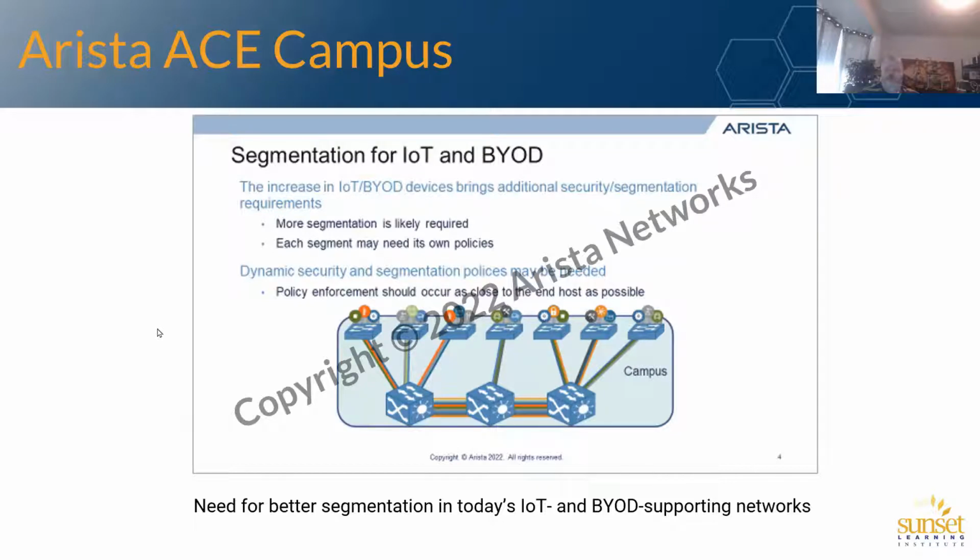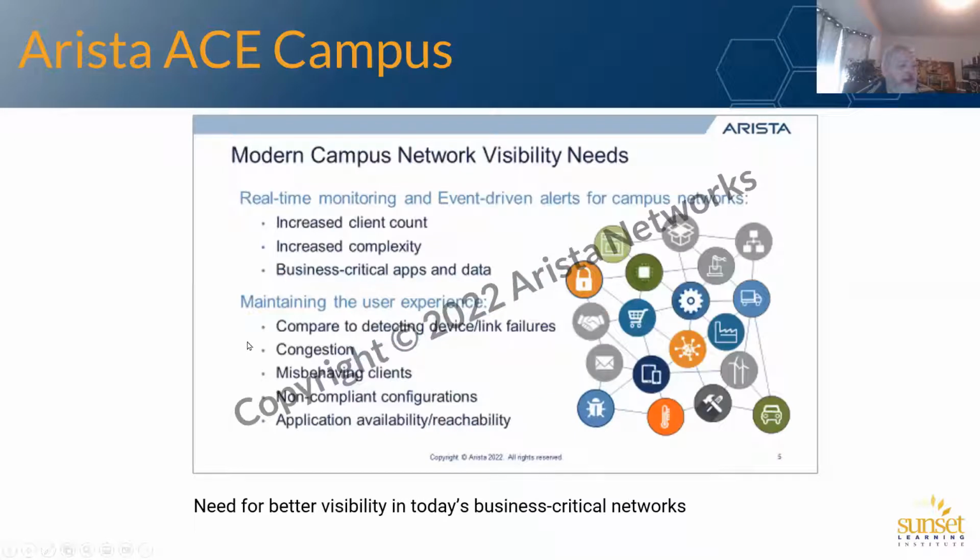And BYOD, of course, bring your own device, means people are bringing in their laptops, as I said, their tablets, their phones. And so now we probably also need to better segment our networks for security, for control, and so on. So we talk about the need for that, all right? And we'll discuss that, okay?